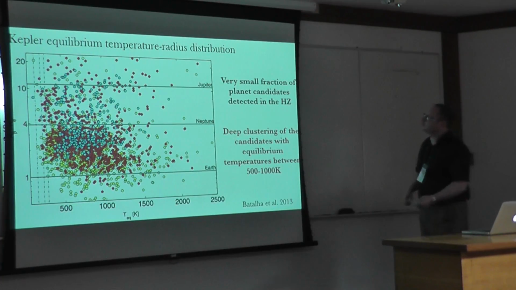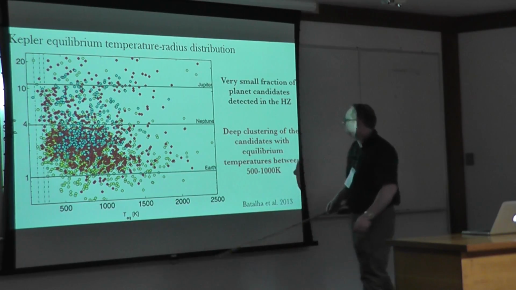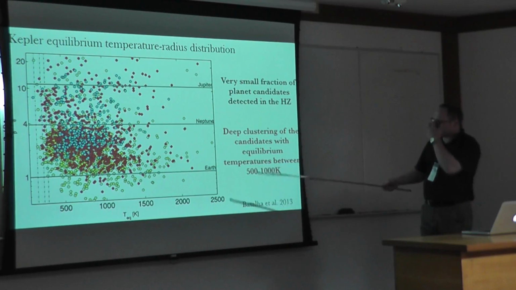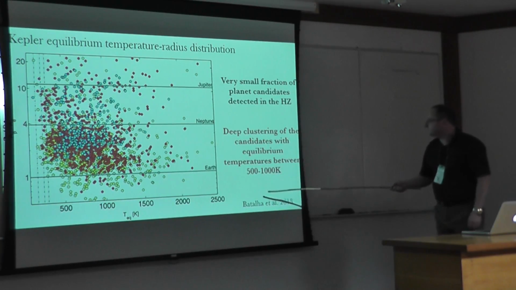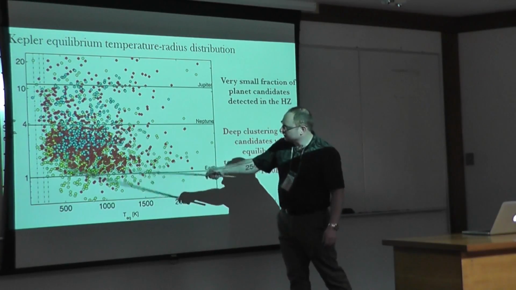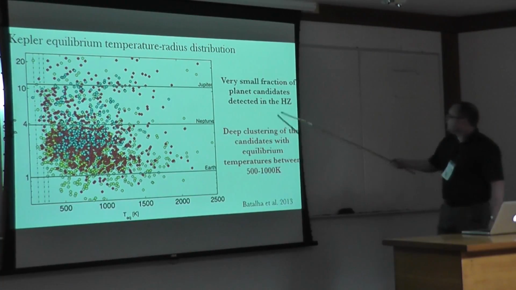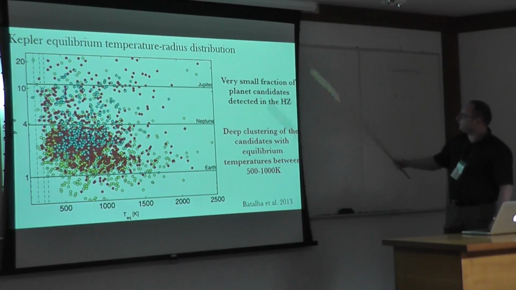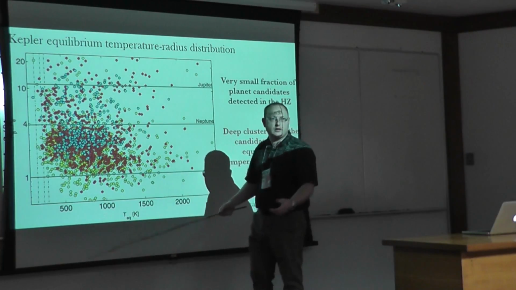And we can look at this as a function of the equilibrium temperature of the planet. One thing I just wanted to highlight here, since I'm running out of time, is there's a deep clustering of planets here, 500 to 1,000 or so Kelvin planets. And there's only a very small fraction detected in the classical habitable zone.